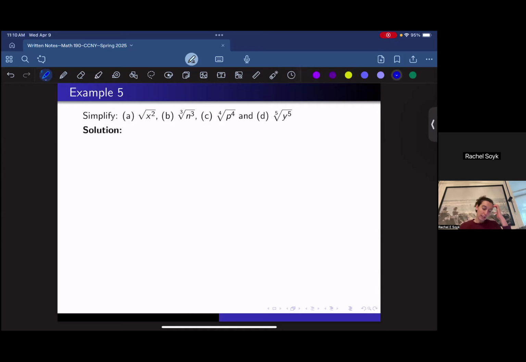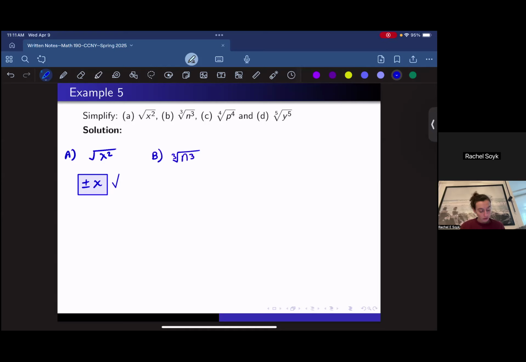Okay. Example 5. We're looking at the square root of x squared. Final result, this is when we want to include both the plus and minus based off of the indexes being odd or even. So we have plus or minus x. Part B, odd index, one solution.